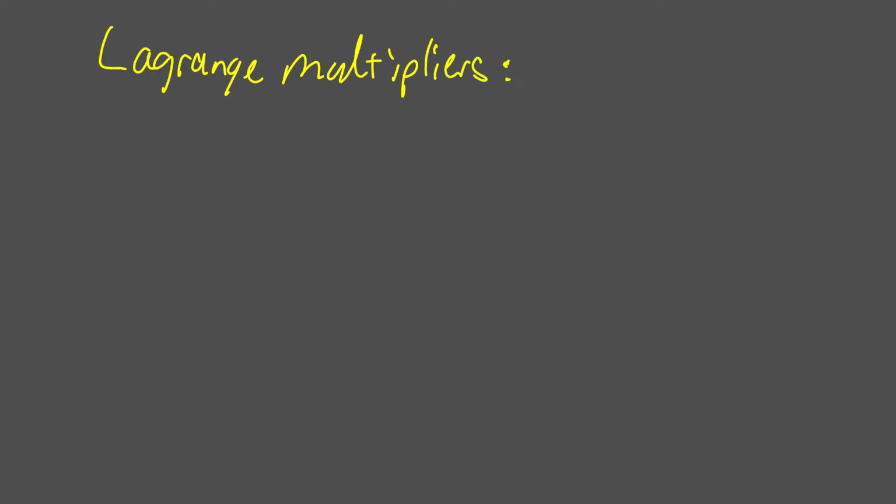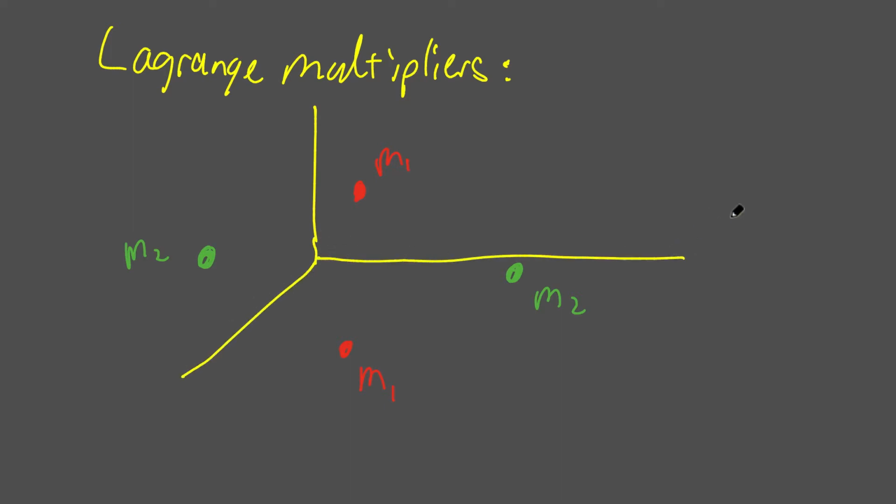And to begin with, we think of the four particles as moving independently. So let's call this particle has mass 1, m1. This particle also has mass m1. The other two particles have masses m2 and m2. And these four particles move in three-dimensional space. So here's our coordinate axes.